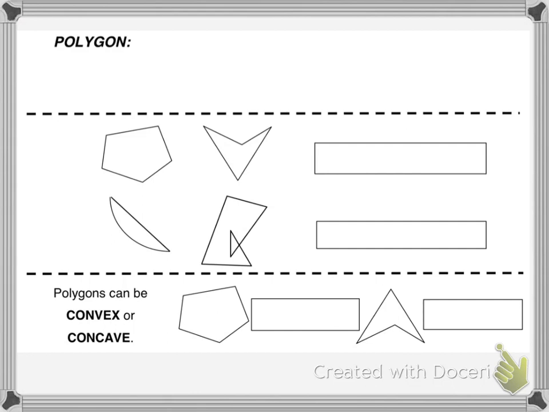So a polygon is when we think of a shape, those are polygons. The definition is it's a closed figure. Enclosed means that if it was a fence and you put your dog in it, it wouldn't get out.